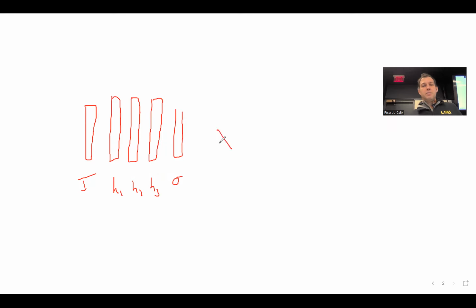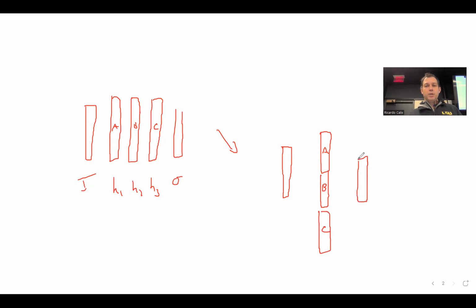I said this can be, in most respects, equivalent to one like this, where these 3 become 1. So let's say this is A, B, C. Then A, B, C, and the output. Do you see that?